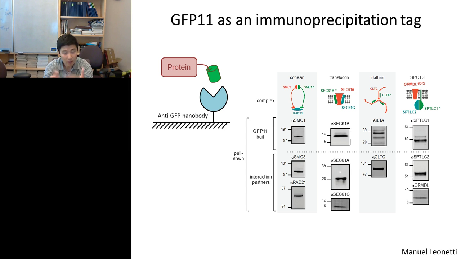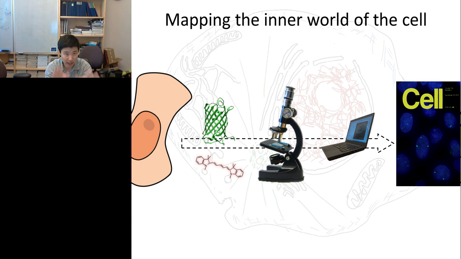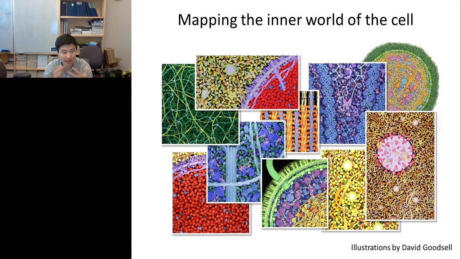And with this library, with our ability to really scale things up, we can have a potentially genome-wide cell library of endogenous proteins tagged by the fragment tag, which is actually the task of Manuel Leonetti, who is now a group leader at the Chan Zuckerberg Biohub. And hopefully one day we can really complete this pipeline for the entire genome and turn these nice illustrations by David Goodsell into real pictures.